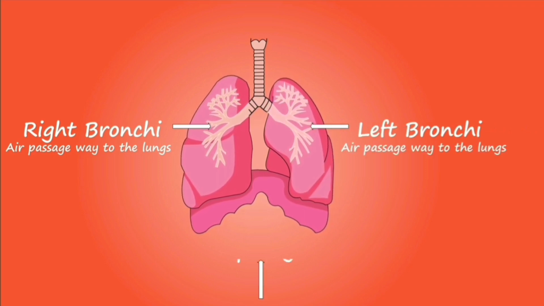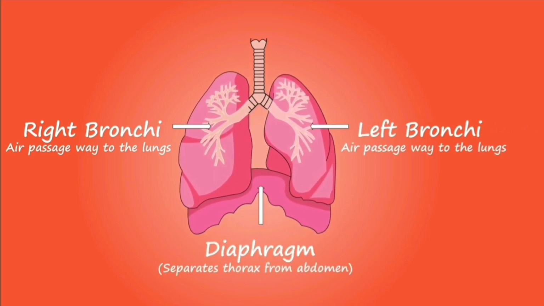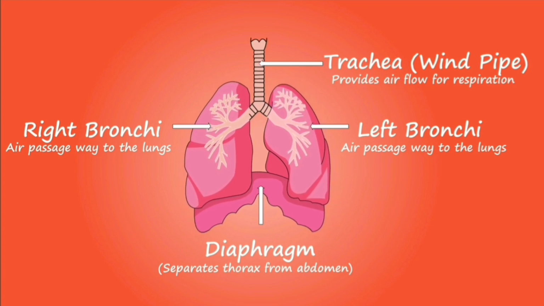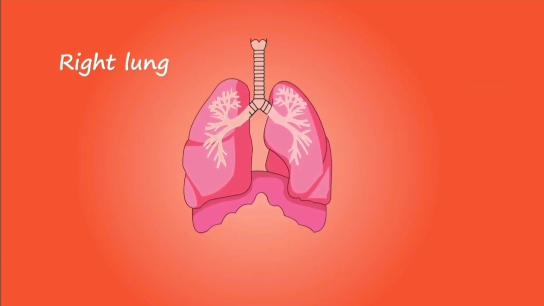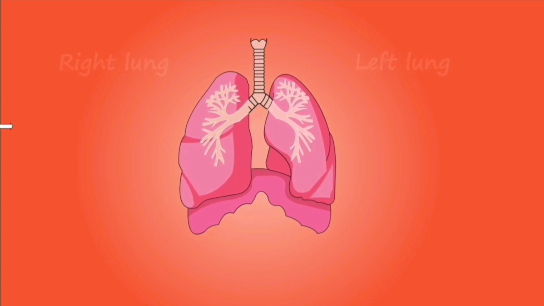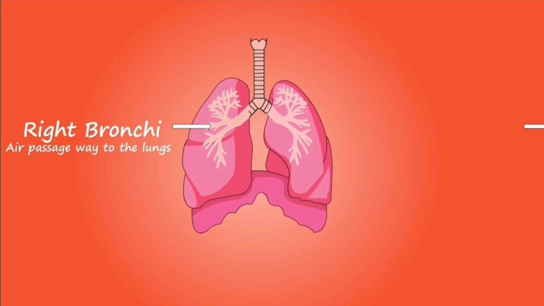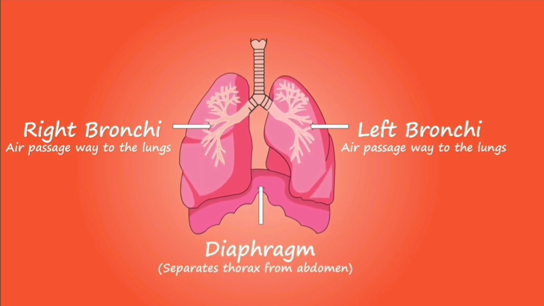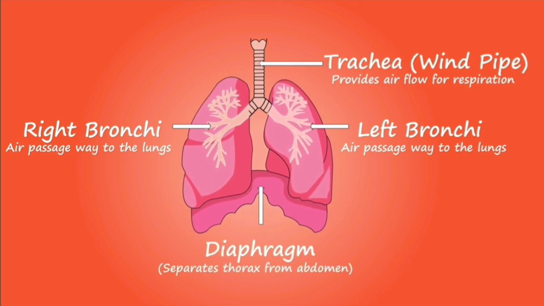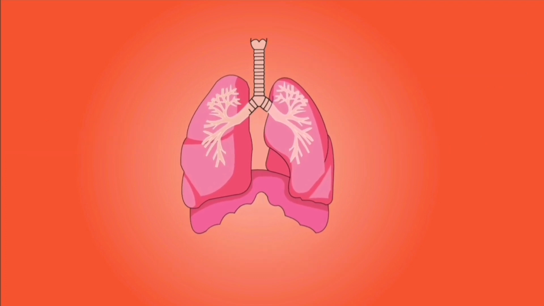At the same time, the intercostal muscles which lie in between the ribs contract, and this results in the raising of the thoracic cage and an increase in the capacity of the thoracic cavity. This in turn results in air being sucked in, which expands the lungs.